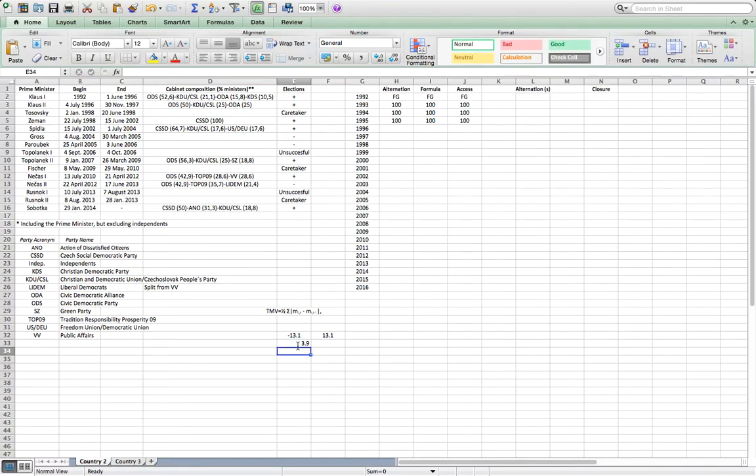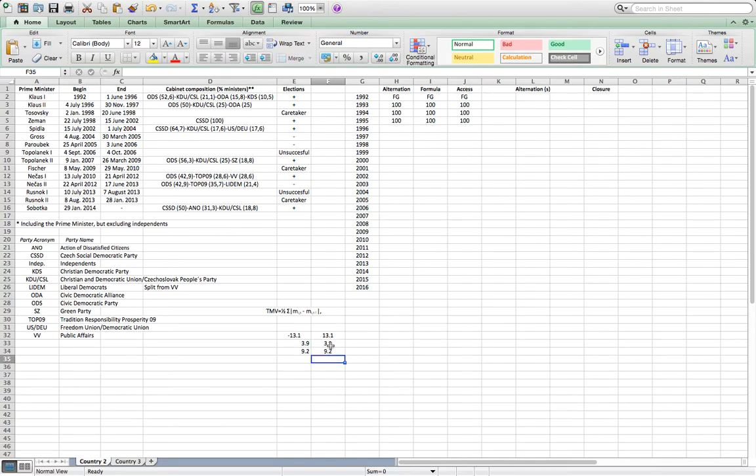So 1996 compared with 1992, and we get 3.9 difference. Finally, ODA, that got 25% of ministers in 1996, and we made a difference with 1992, that is 15.8, and we have 9.2. These are the differences in the percentage of ministers from one government to the previous one.